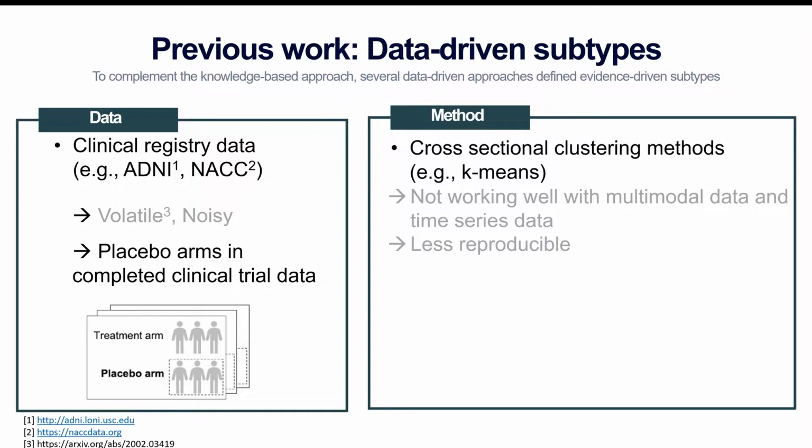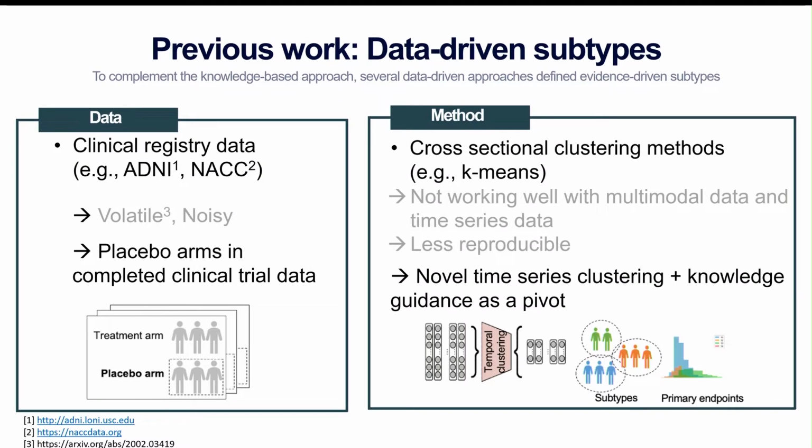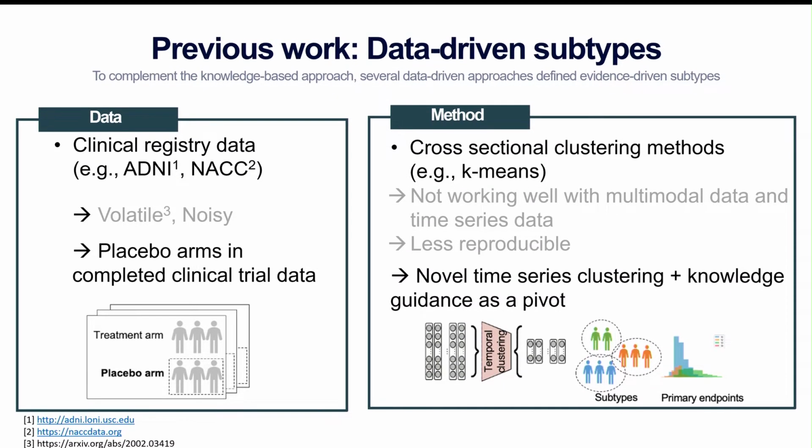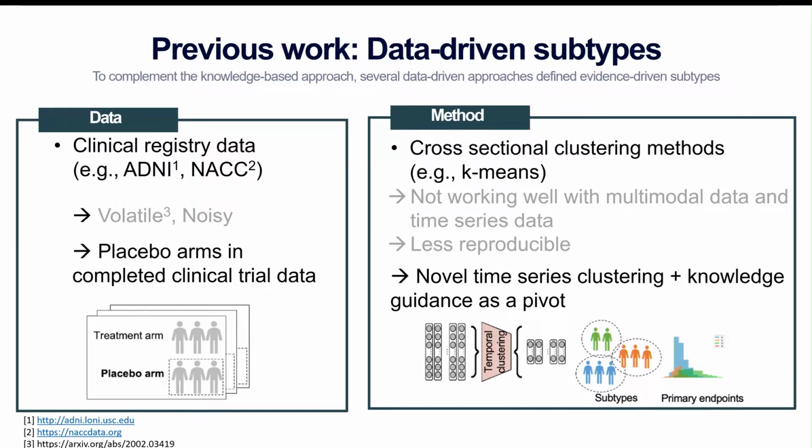And also, it's less reproducible, which is the most critical thing in scientific findings. So our team tried to customize machine learning models to address this challenge. We developed a novel time series clustering method, and also to address reproducibility, we introduced knowledge guidance as a pivot to this clustering method.